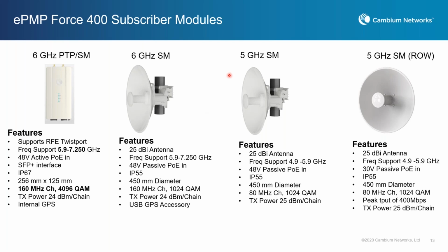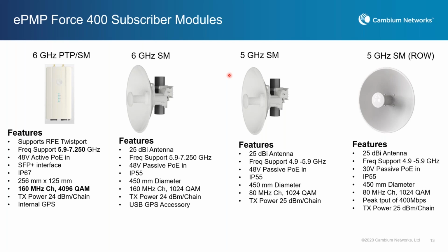All right. So, subscriber modules. Let's go through this real quick. This is an important slide. From the very far left, what you see is the 6 gig, what we call a high tier subscriber module, or potentially a point-to-point. Keep in mind on point-to-point, you're going to have that EIRP limit for standard power. But this is a product that is in our hands.